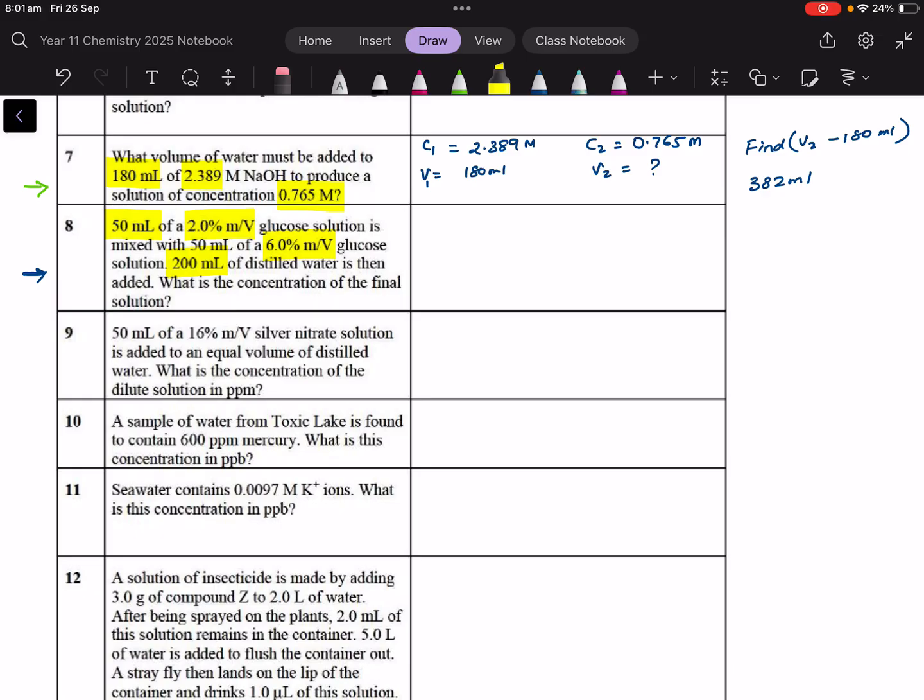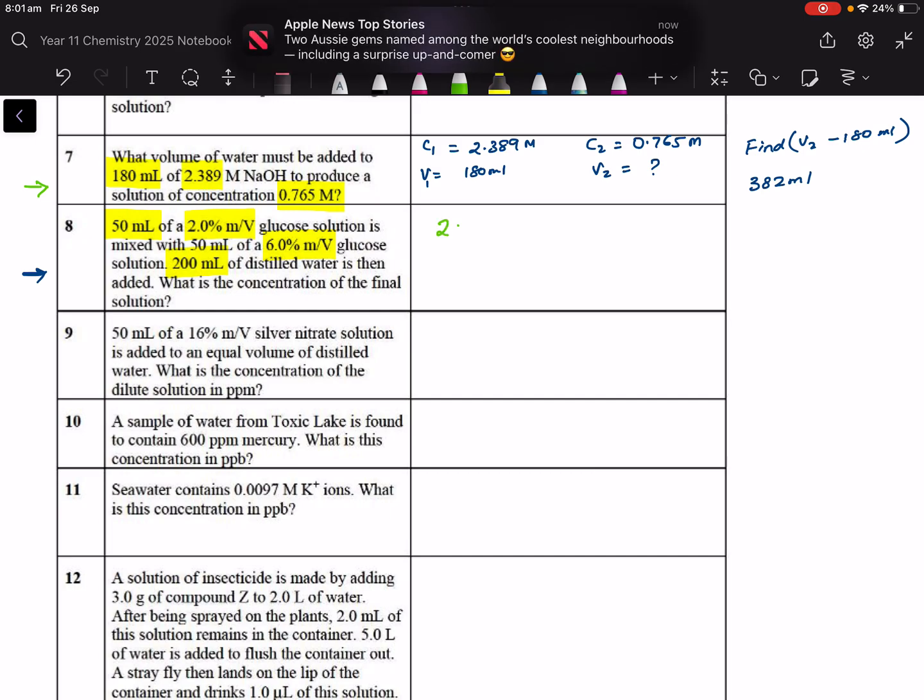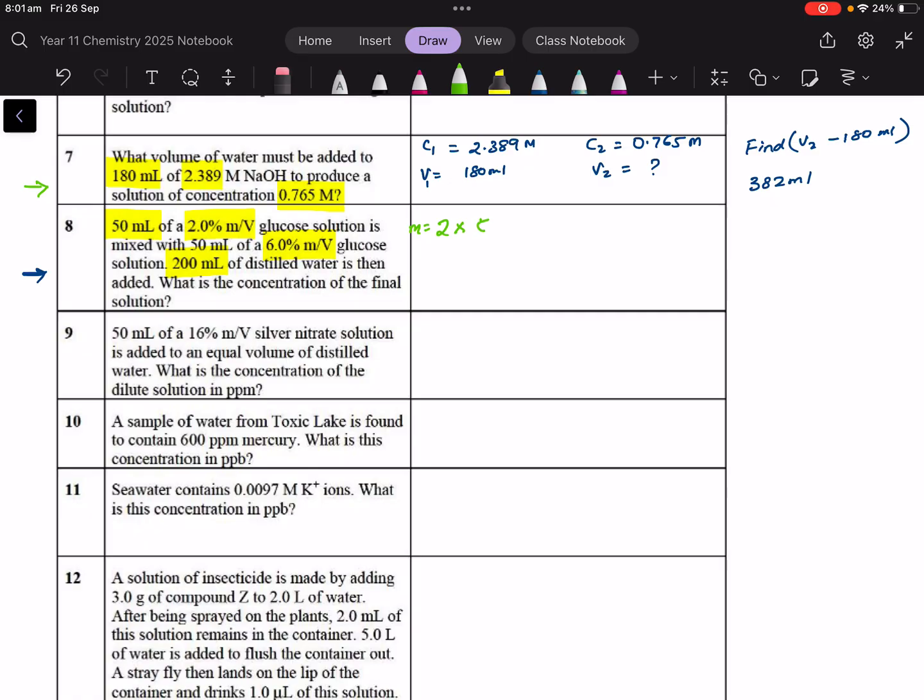So you're going to look at 50 mils of 2% concentration multiplied by volume will give you the mass. So the mass of the total amount of glucose, 2% multiplied by the volume, which is 0.05.